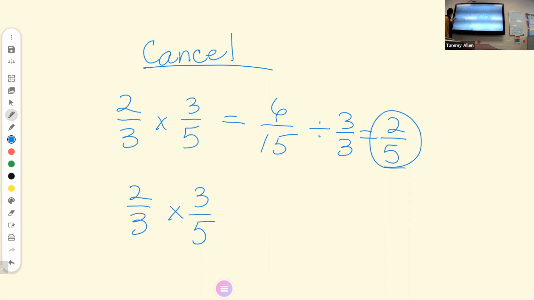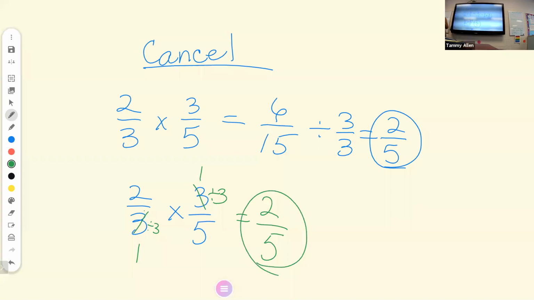So if I go back over here, I can divide this by 3, and it gives me 1. I can divide this by 3, and it gives me 1. And 2 times 1 is 2, and 1 times 5 is 5, and I already have my answer in lowest terms.